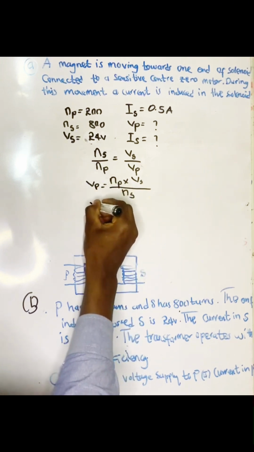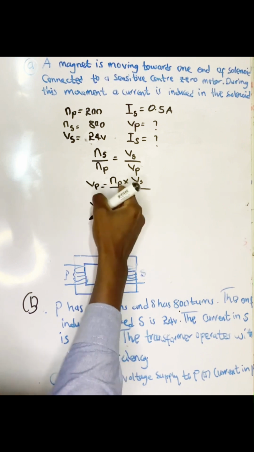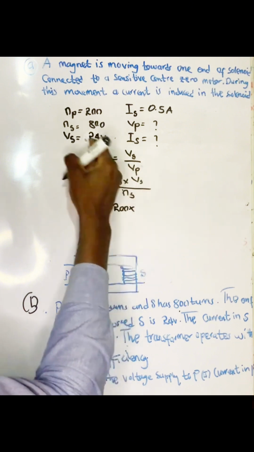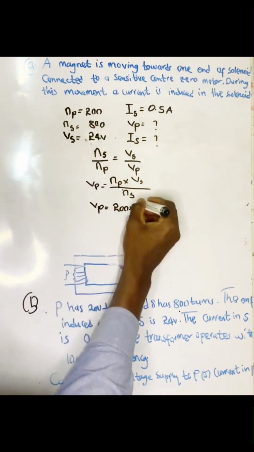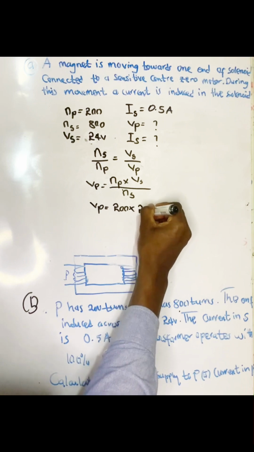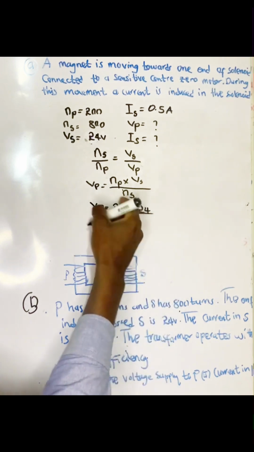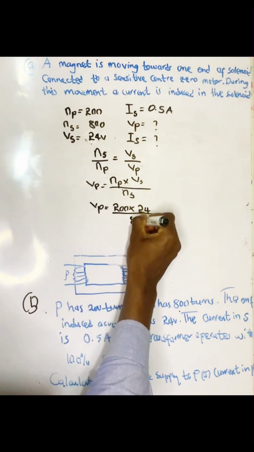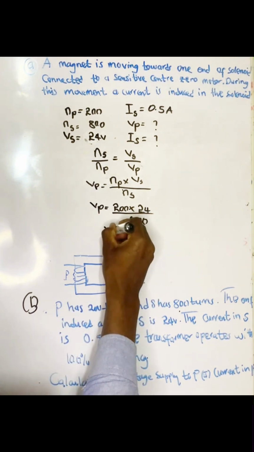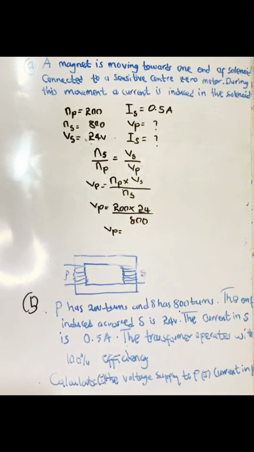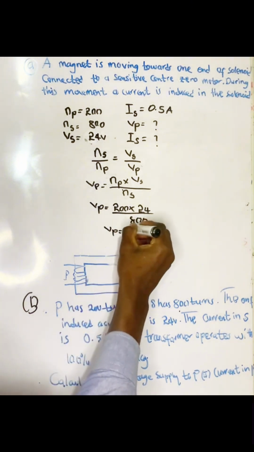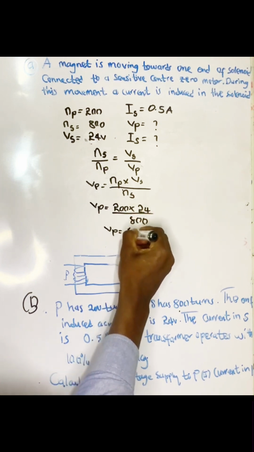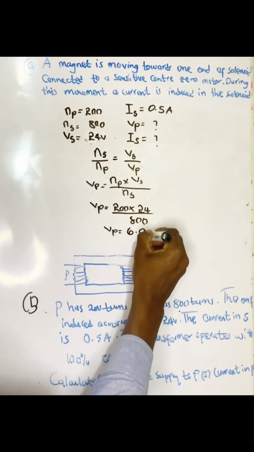All we need to do is to put in the values. NP is 200, VS is 24 volts, NS, which is the number of turns on the secondary, is 800. Should you do this, you would have the voltage on the primary coil as 6 volts, isn't it? Yes, 6 volts or 6.0 volts.